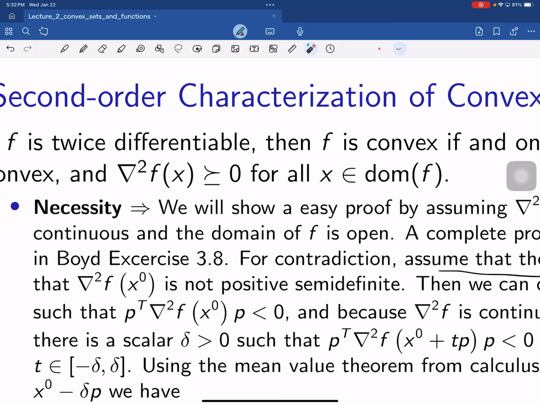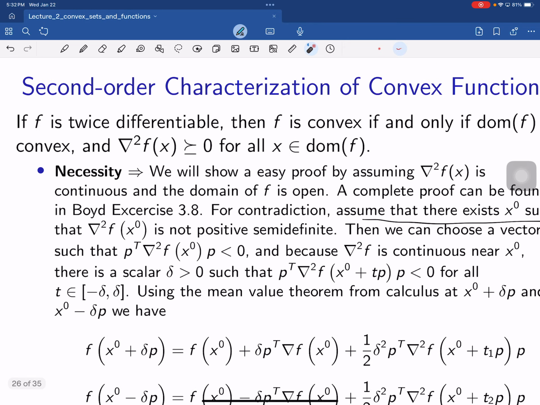If you do the second order Taylor series expansion on direction P, this curve is the other shape around rather than a convex curve, right? So intuitively, what you can do is show that on this curve, the convex property is violated, because you know the second order Hessian is not positive semi-definite, okay? So that's sort of the intuition of that.